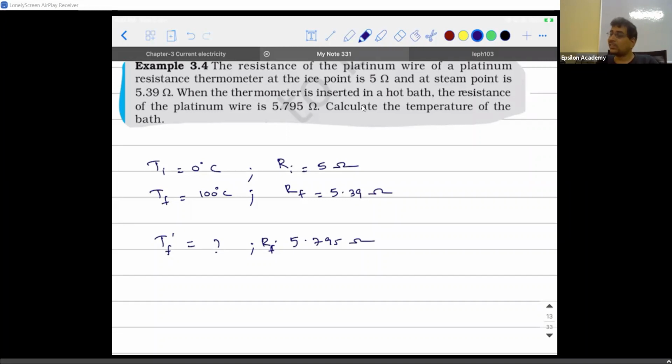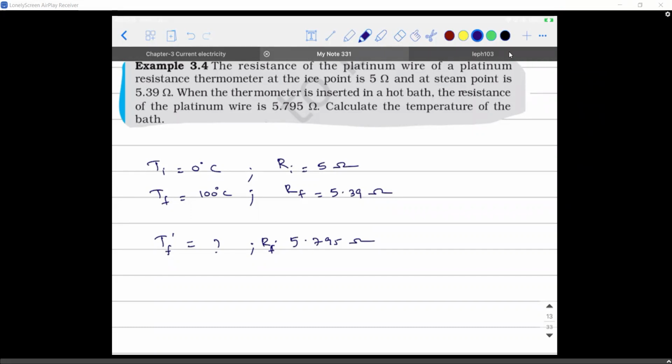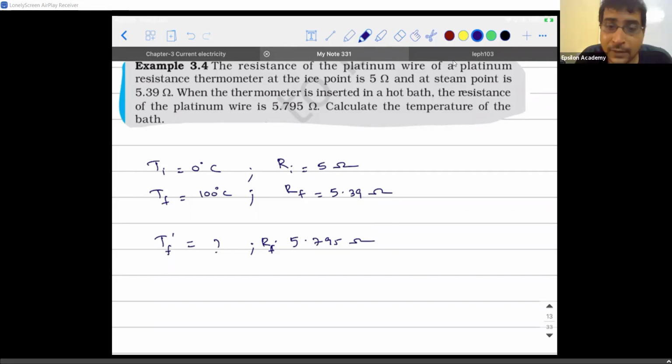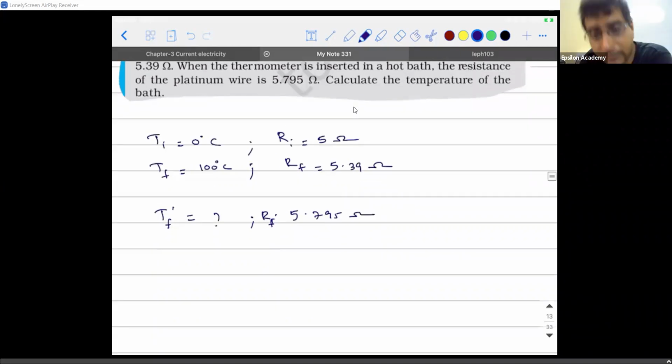Initially the wire had 5 ohm, then it became 5.39 at 100 degrees. Now it is 5.795. So the value of Tf dash that you obtain should be greater than 100. Suppose you solve and get a value less than 100, then you're wrong. These kind of mistakes also happen in the exam.